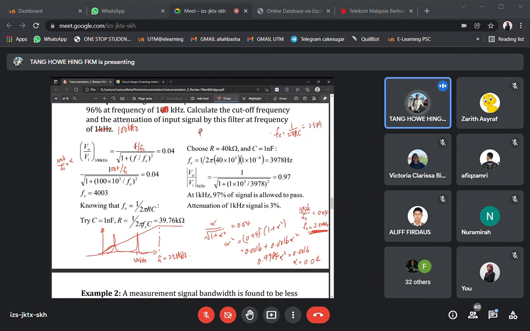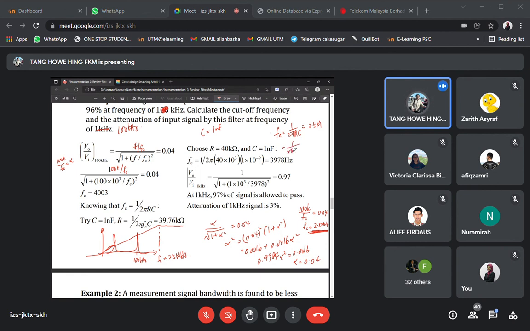You can randomly pick R or C, but C usually has fewer standard components, so I personally prefer to try C first. Let's assume that I use a C equivalent to 1 nanofarad, as shown over here. I just substitute 1 nanofarad into here.